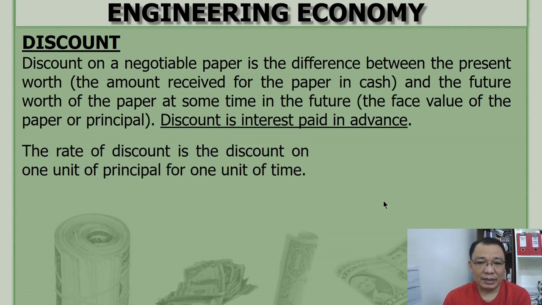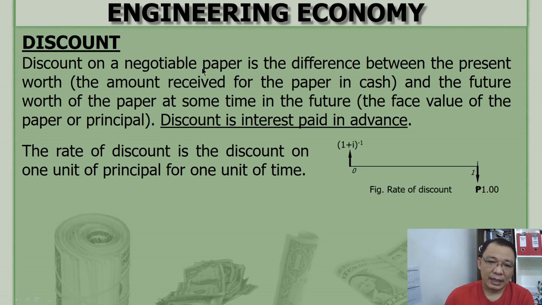The rate of discount is the discount on 1 unit of principal for 1 unit of time. So, if you have this cash flow, 1 unit, the discount is similar. If you have 1 peso and you project it to period 0, it is 1 plus i raised to negative 1.